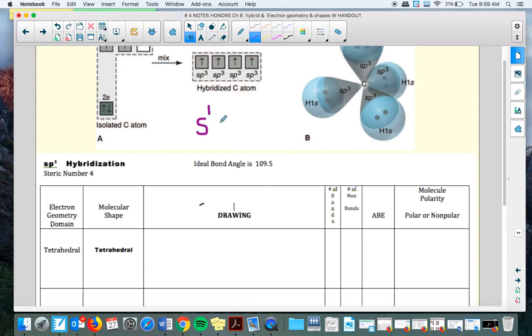So again, think of there being a 1 there. There really isn't. So sp3 is going to add up then to a total of 4 orbitals. So these are all considered tetrahedral. So there is the classic tetrahedral shape.